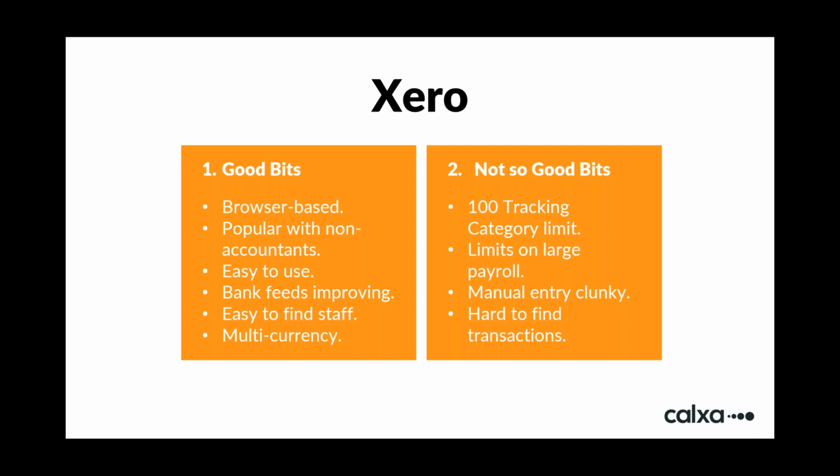And it can also be hard, especially for new people, to find transactions because they hide the accounting so well, with the intention of making things easy to use. If you've misallocated something, it's not always obvious where to go to look for it. But again, it's a training thing, it's an experience thing.